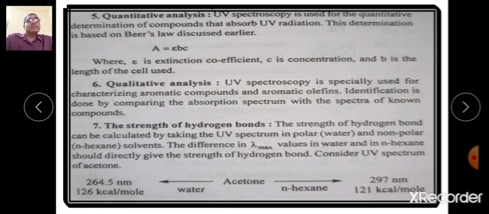Then the strength of hydrogen bond is also determined. The strength of hydrogen bond can be calculated by taking the UV spectrum in polar and non-polar solvent.